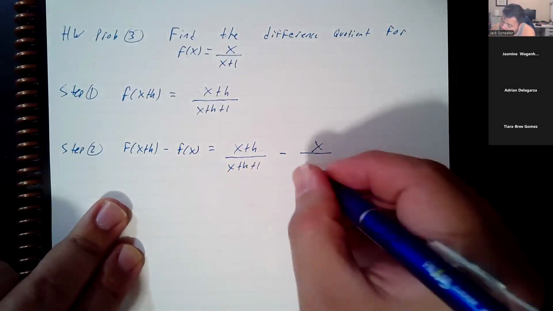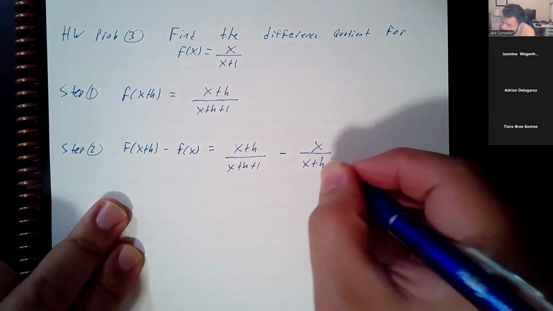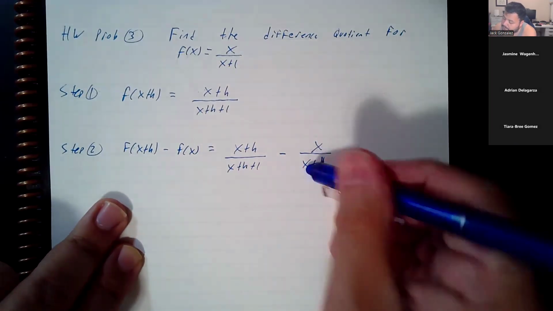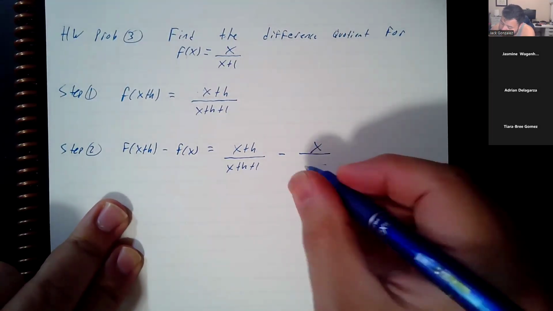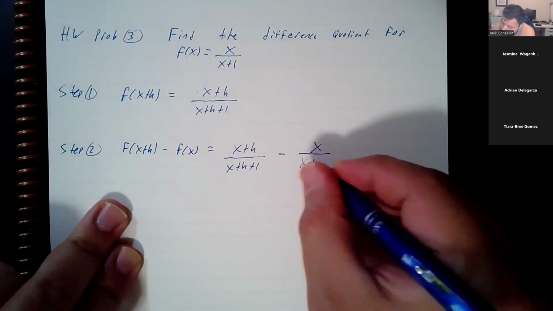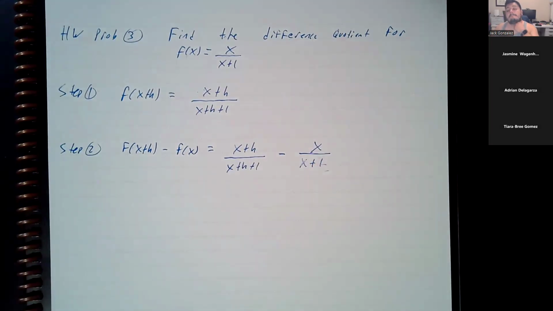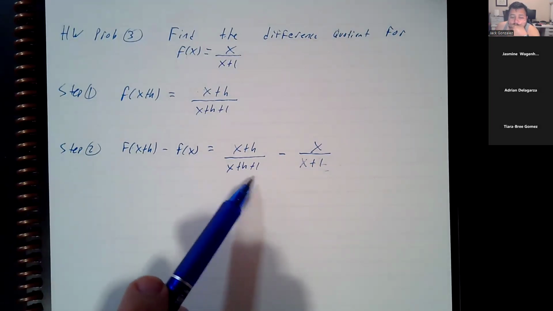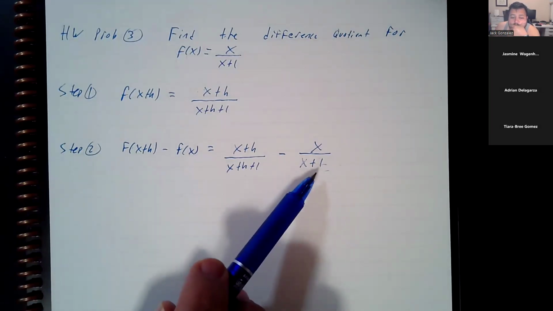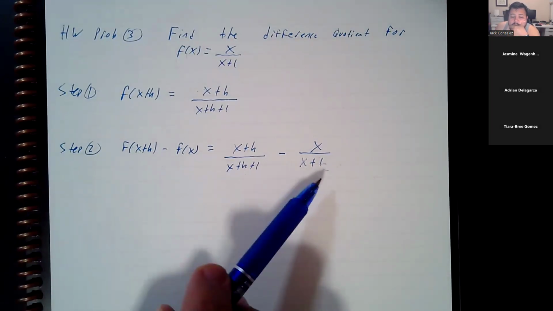So this is where it gets kind of annoying. So these are prime numerators.